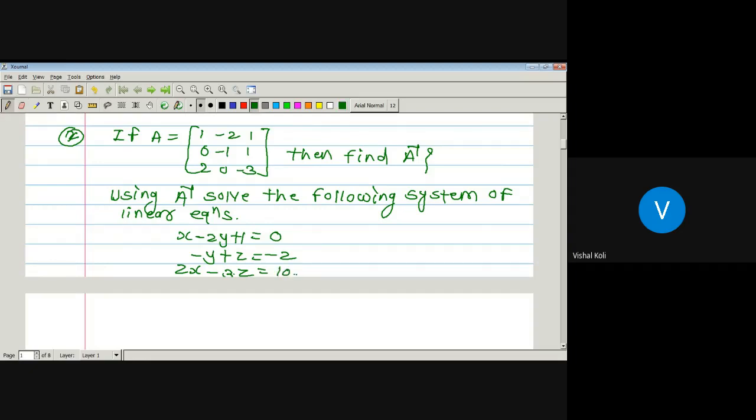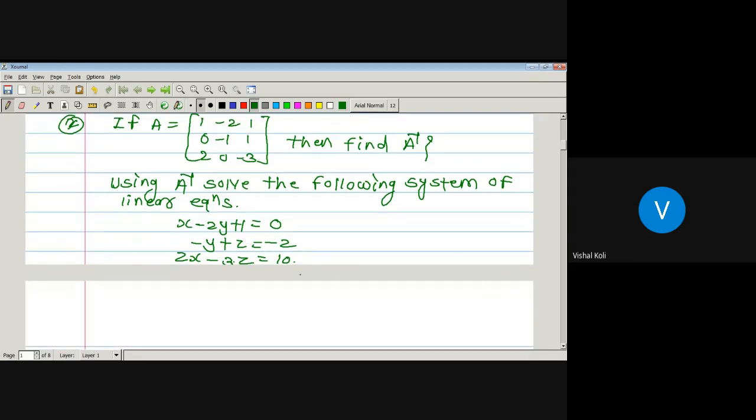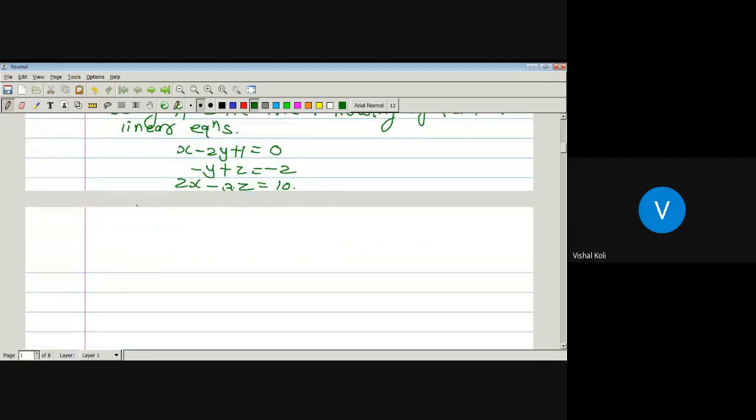So first here we have to find the A inverse, and by using A inverse we have to solve the given system of linear equations. So, solution: A is nothing but [1, minus 2, 1; 0, minus 1, 1; 2, 0, minus 3].